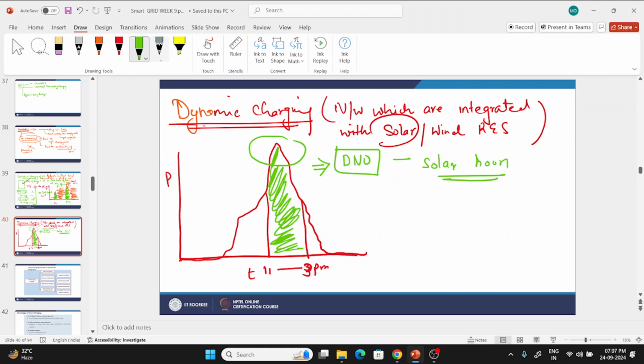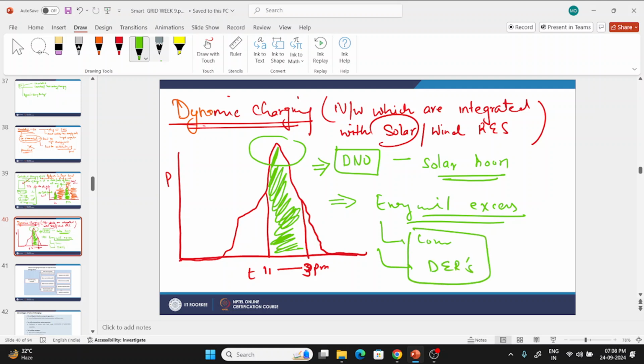For example, when they charge in the solar hour, excess energy will be available, because the energy will be coming from conventional sources and also from the distributed energy sources.